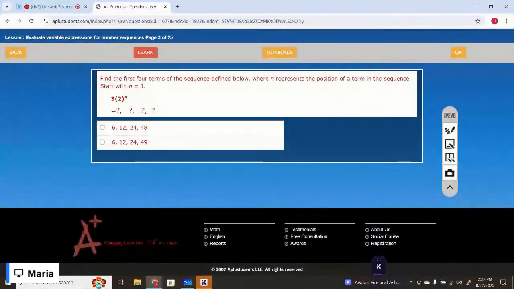Find the first 4 terms in the sequence where n represents the position of a term in the sequence.